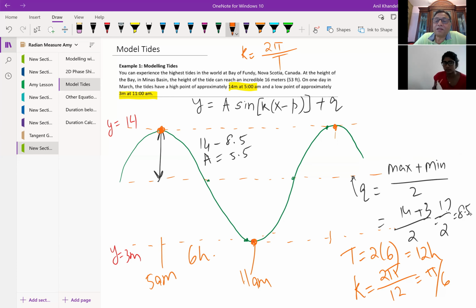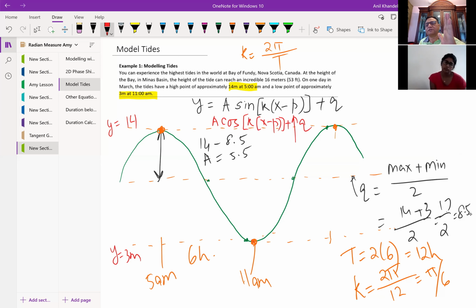The last thing, which is one of the most difficult things to calculate, is the phase shift. How do I calculate the phase shift? Look at it. We actually want the cos function in the question. Sine is another part of it. So we want the phase shift for the cosine function, correct? Cos starts with maximum.